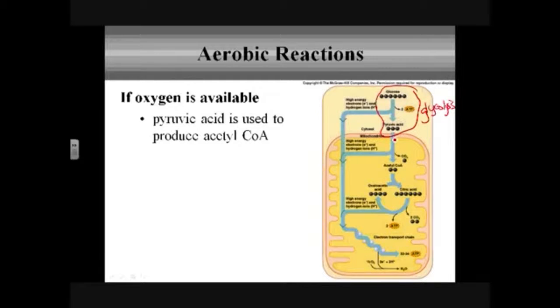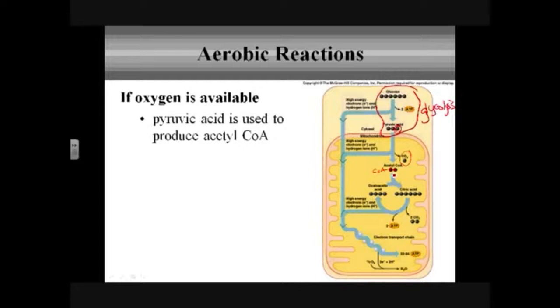So what happens is that the pyruvate is actually used. One of these carbons is going to drop off as CO2, leaving two behind, but it's going to have a coenzyme. And remember, we said that coenzymes were there to help make sure that the reactions that need to occur take place.